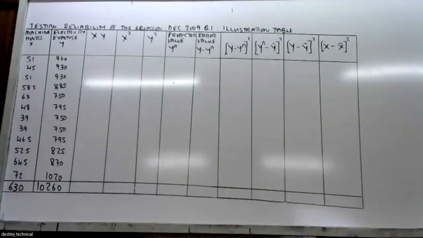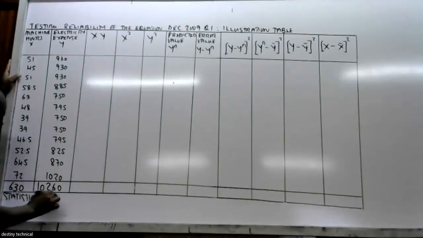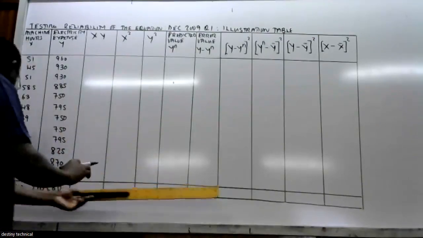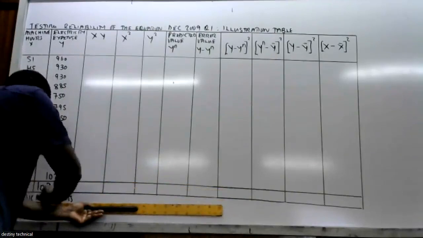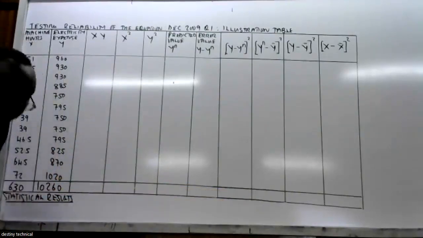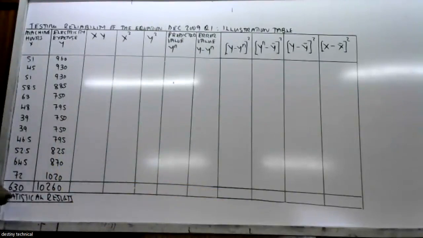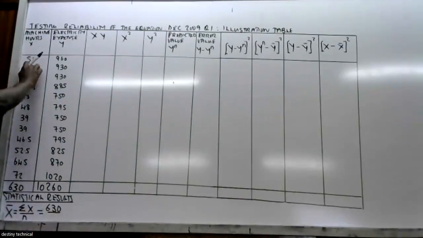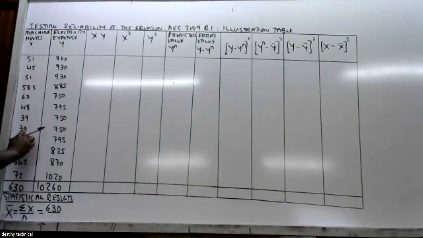Now below the table, you will write statistical results. Below the table, we are going to do some results. So the first one is X bar. X bar is given as sum of X, you divide by N. So this will be 630, you divide by 12, since these ones are 1, 2, 3, up to 12.